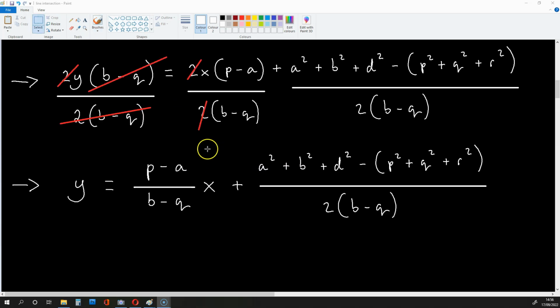Now, if everything has been done correctly and we cancel out the correct expressions, what we end up with is y is equal to p minus a over b minus q times x plus a squared plus b squared plus d squared minus p squared plus q squared plus r squared over 2 times b minus q.